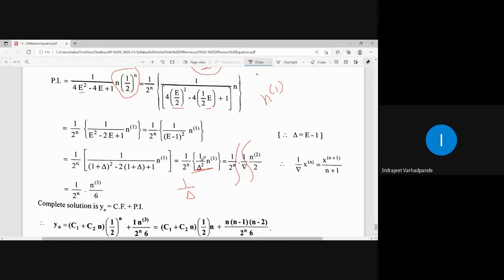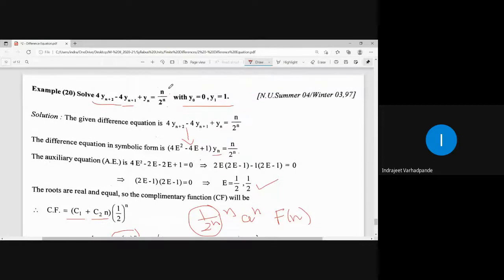So यहाँ पर जो 1 by delta square बनेगा उस पर से मैंने एक बार integrate कर दिया तो क्या होगा n to the power 2 factorial by 2. और एक बार integrate करेंगे तो n to the power 3 factorial by 2 into 3, that is 6. That is how we have to write down. This is delta, the forward difference operator delta. So this kind of problem, do not get confused. It is ultimately case number 4.